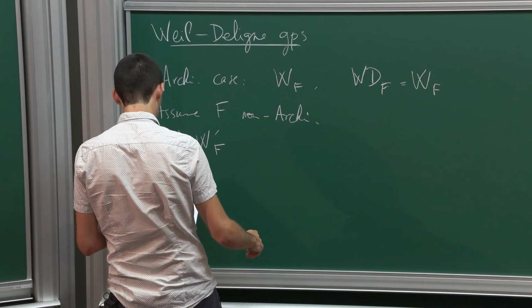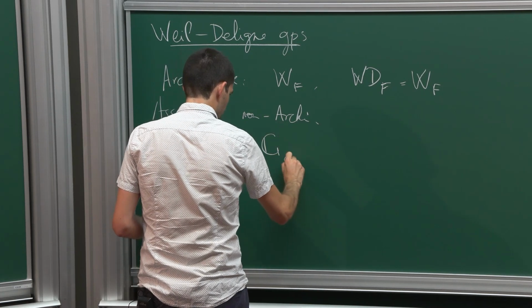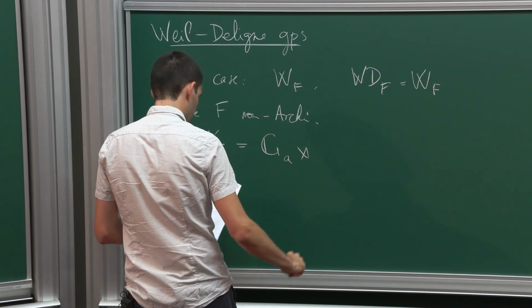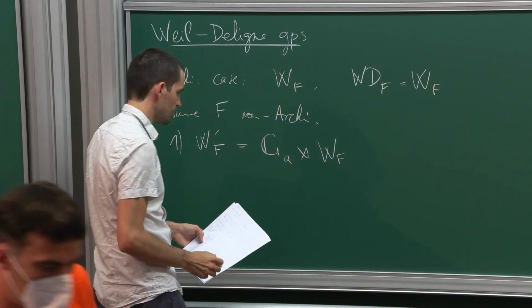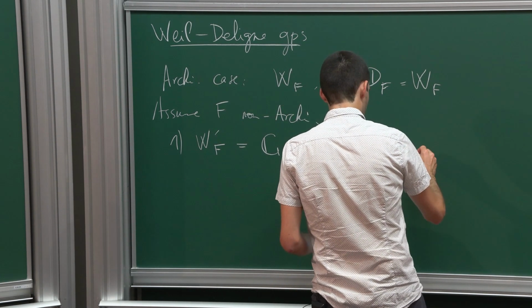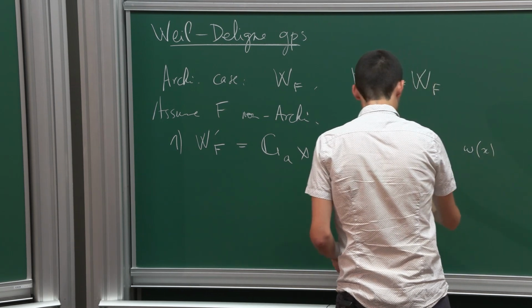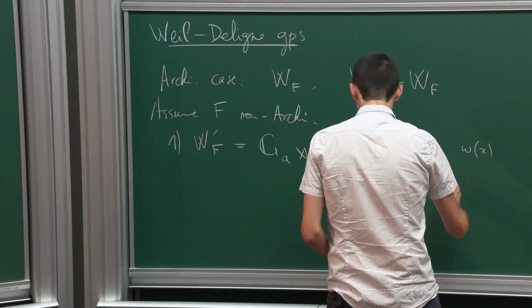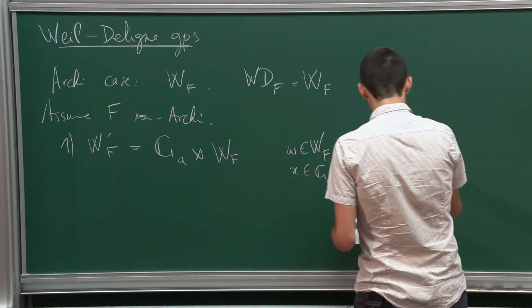So this W_F prime, which is, so you take a semi-direct product like this. So the additive algebraic group G_a with action, so this G_a is over C or Q, if you want.